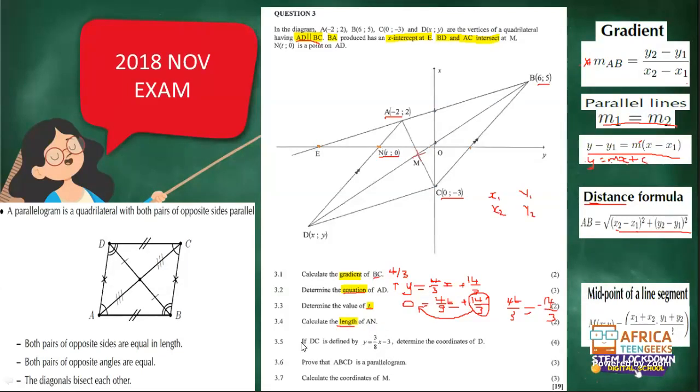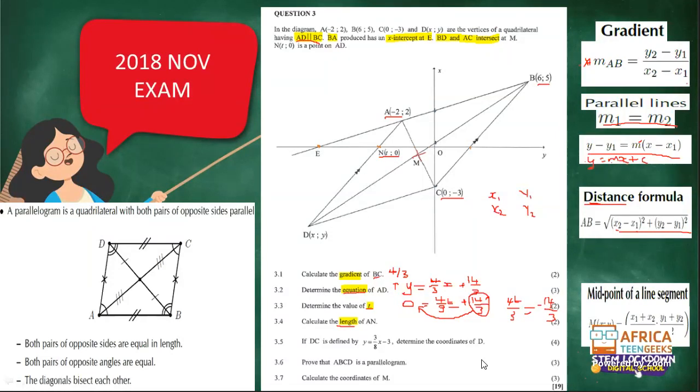And then now for 3.5, they say if DC is defined by this, so they give you the equation for DC. Okay, so you find the equation for DC. And then they say determine the coordinates of D.